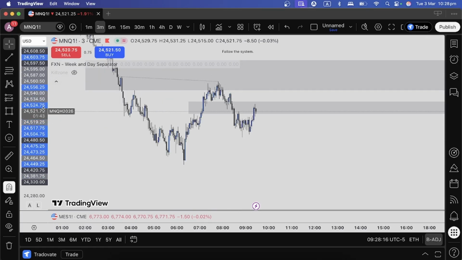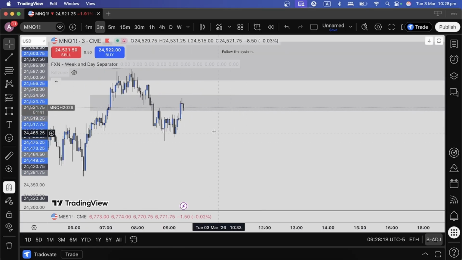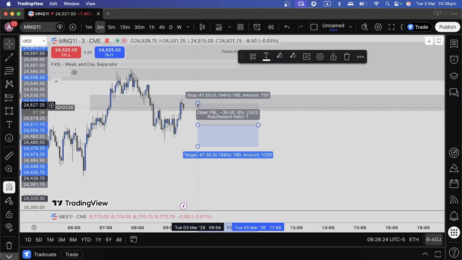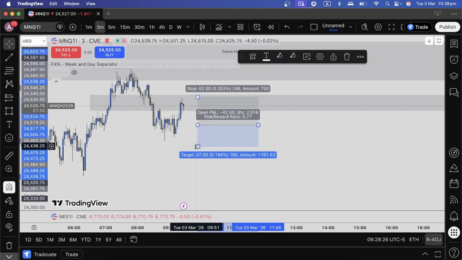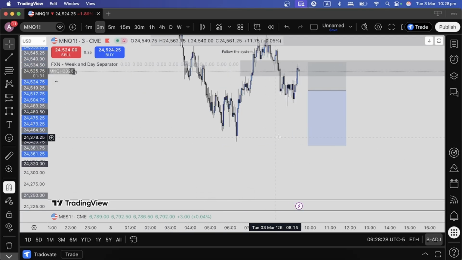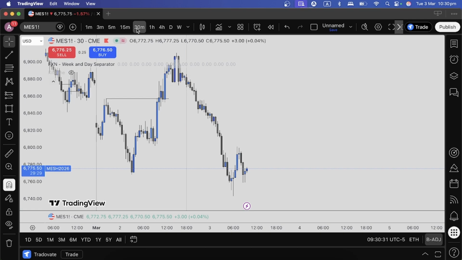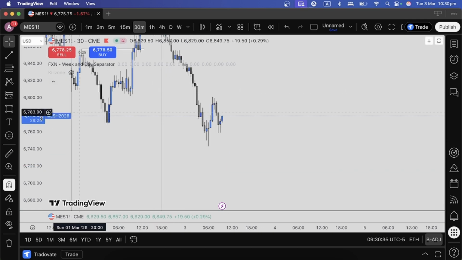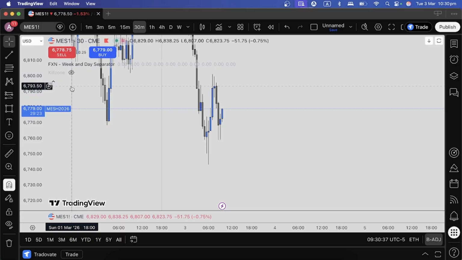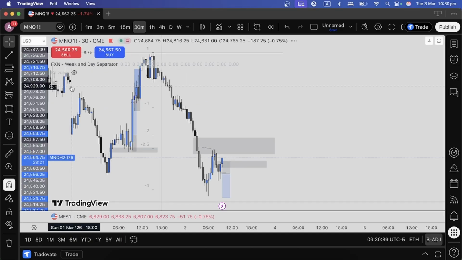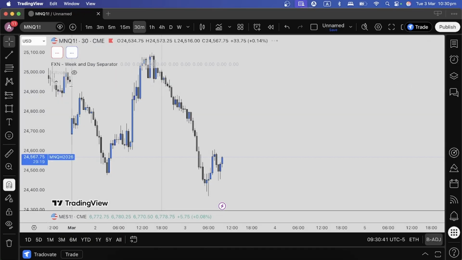If we do get a close below this, it is my model to go short, so I could potentially see a short. Honestly, I don't really like that close. I feel like it's not really that bearish of a close, and it's also not very bullish as well.